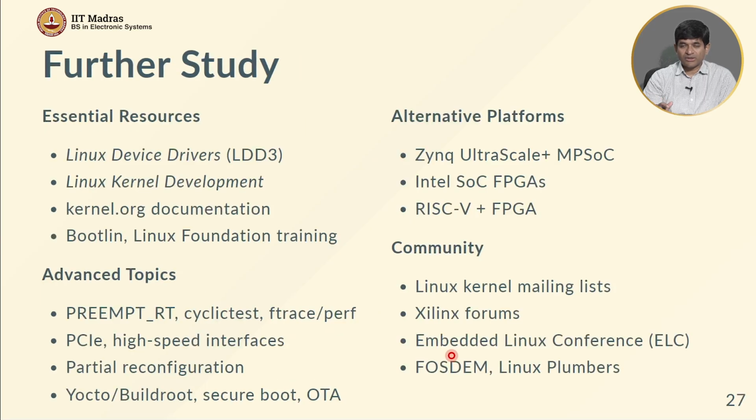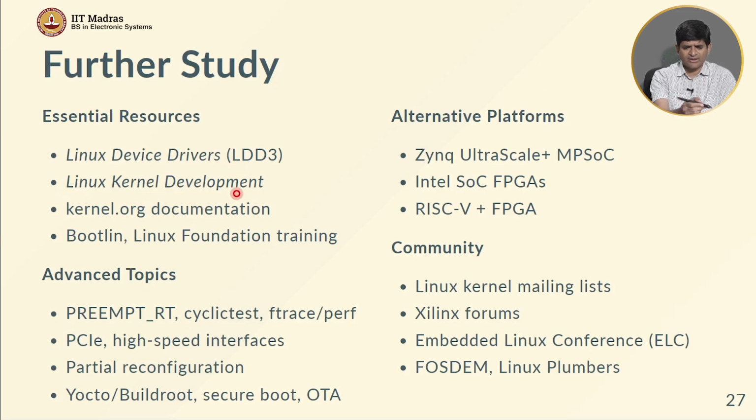Now, where do you go from here? Clearly this is just a starting point. It hopefully has given you a little bit of a flavor of the kind of things that are useful in building modern embedded systems. There are a number of other essential resources, like Linux Device Drivers. This book, as I mentioned earlier, deals with a relatively older version of the kernel, but most of the material there has not changed very significantly, so the ideas behind it still remain the same.